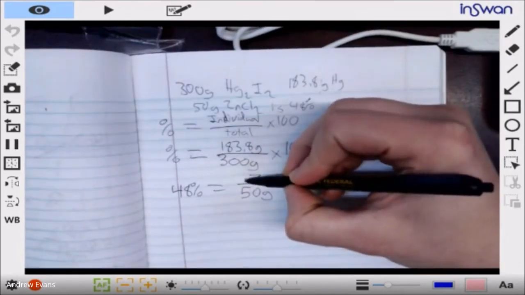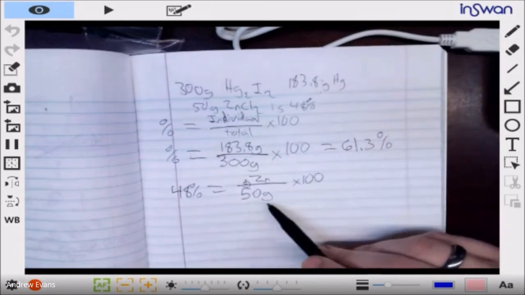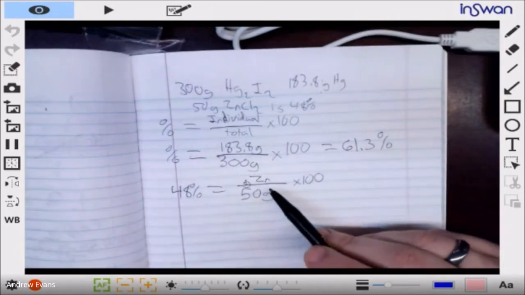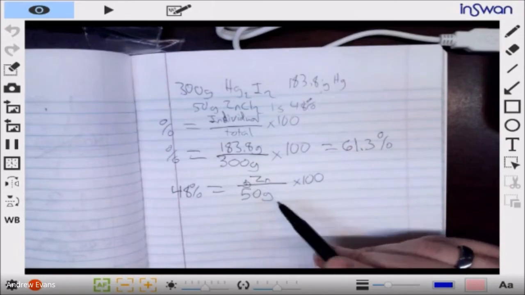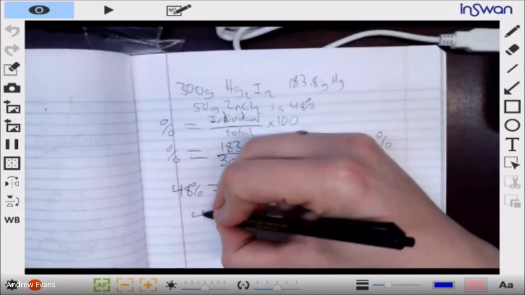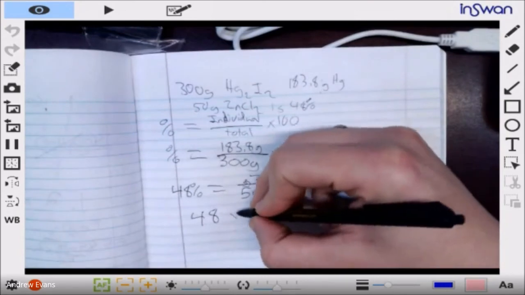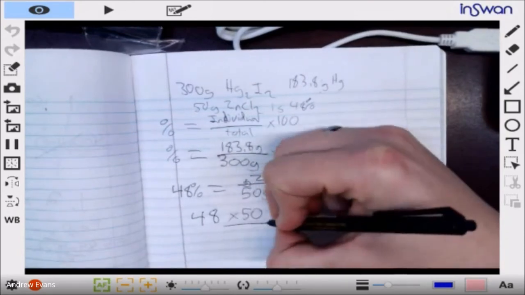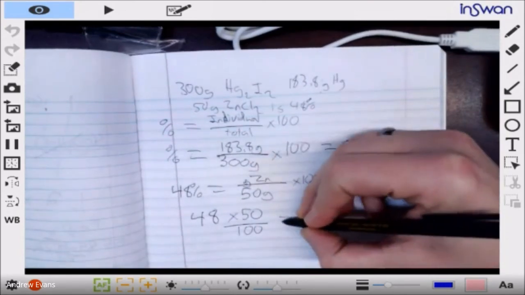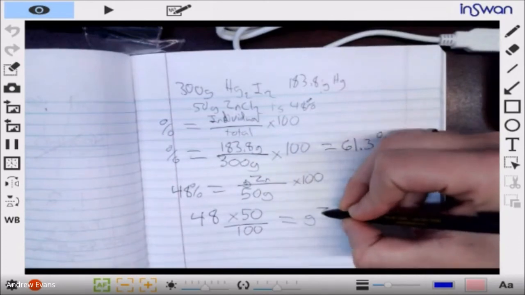But how do we isolate that? We're going to cross multiply both sides by 50, divide both sides by 100. So you're going to have 48 times 50 divided by 100 is going to leave our grams of zinc by themselves.